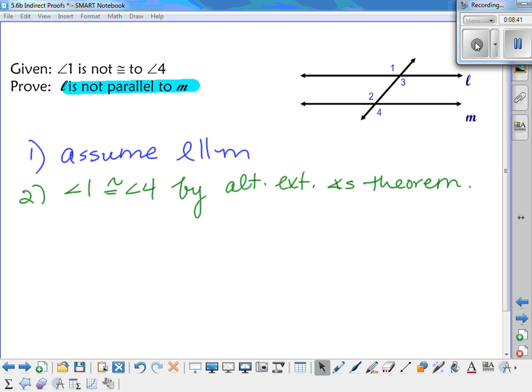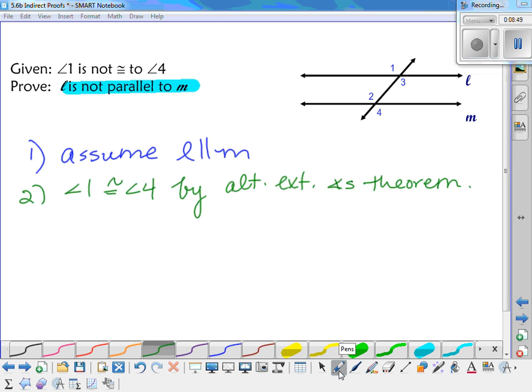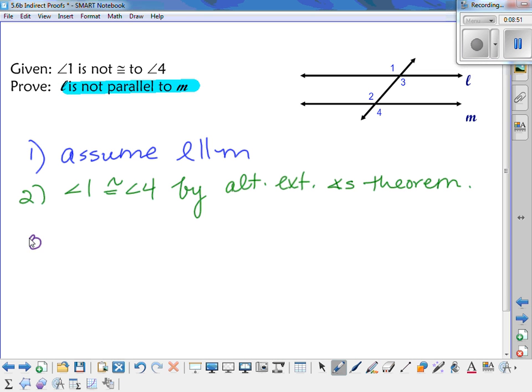So angle 1 would be congruent to angle 4 by the alternate exterior angles theorem, and at this point we've already contradicted our given information, so we're done. This contradicts the given information.